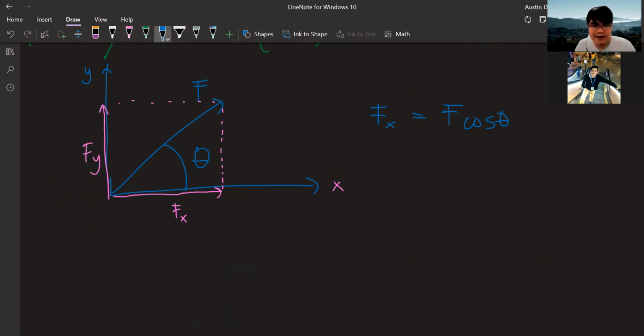And that Fy is given by F sine theta. Okay? And now, mas madali, di ba? Kasi may Fx ka na and may Fy ka na. Madaling mag-attach ng direction. Tama ba? Kasi you know Fx points in x hat and you know Fy points in y hat.